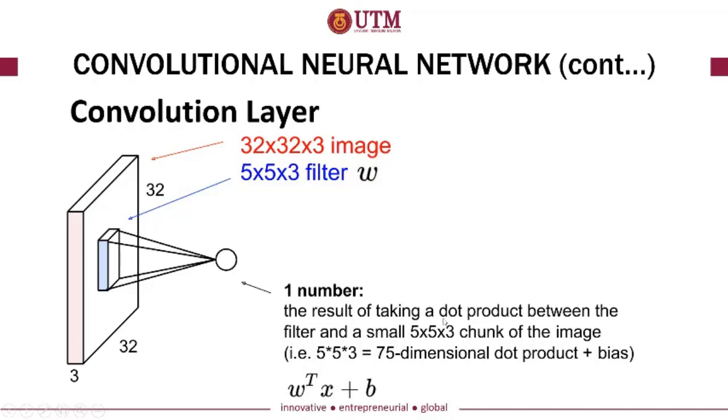So W, 5 times 5 times 3, is multiplied with the 5 times 5 times 3 X that overlaps in this window, and then you add B. If you draw the network, the B is here. You don't ignore the B, that's why there's a 1 there.